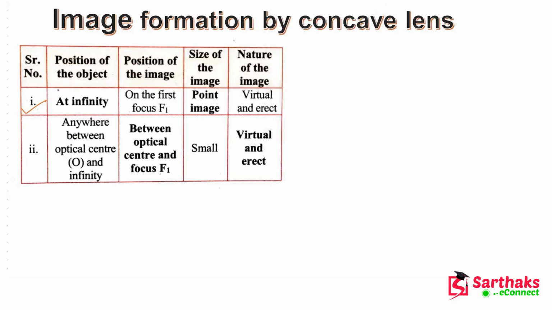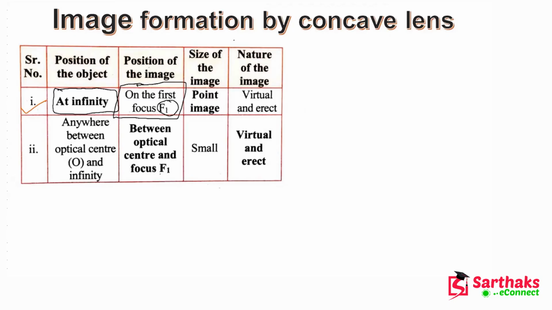So this is the first case, where the position of the object is at infinity. When we saw the first case, we also saw that the position of the image in that case is at the first focus F1. Focus F1 means the first focus, because there are two focuses in the case of lenses.